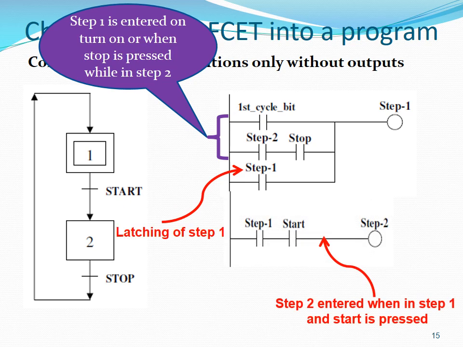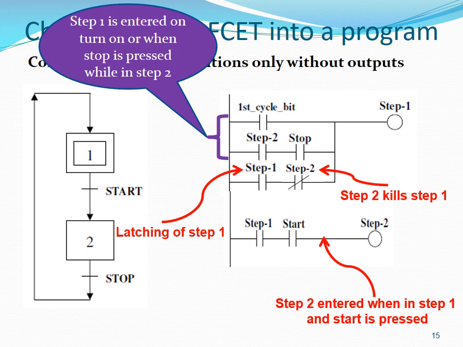Let's now go to the rung that is used to determine the state of the memory bit step 2. We get into step 2 when we are in step 1 and the start button is pressed. The line that is shown on the rung is self-explanatory. Once we get into step 2, we will need to kill step 1.